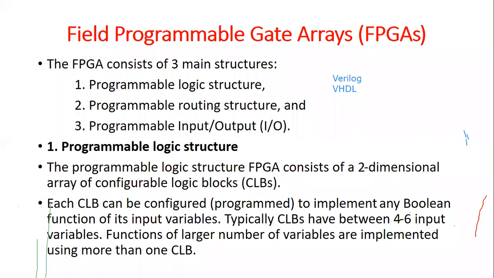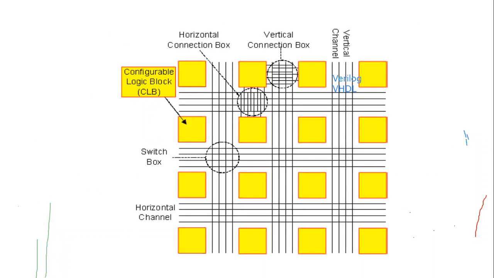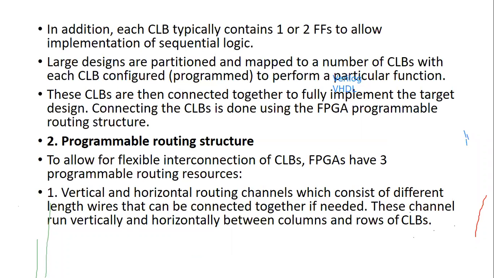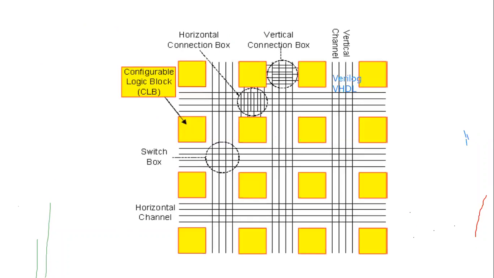Mainly these programmable routing structures are of three types. One is the vertical and horizontal routing channels. The second one is the connection between one CLB and another CLB.